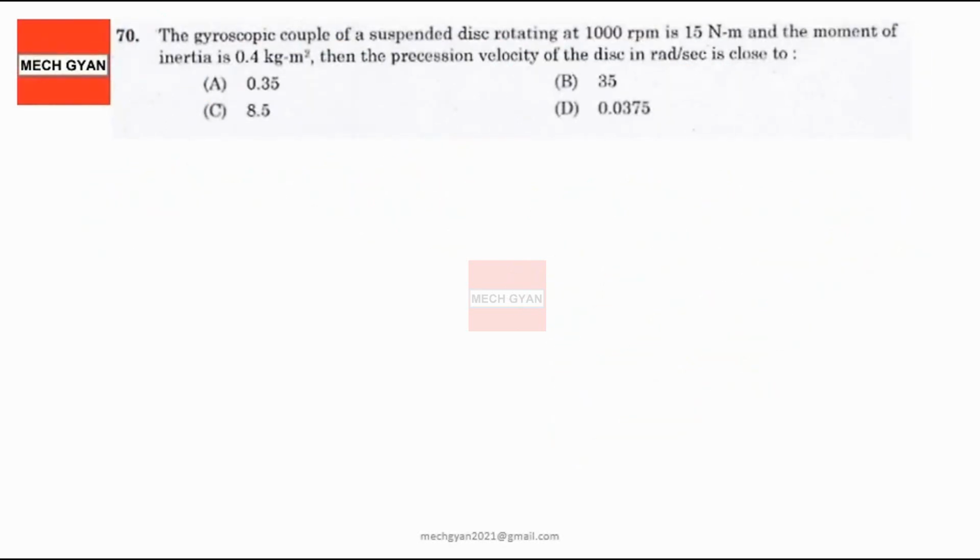Next question. The gyroscopic couple of a suspended disc rotating at 1015 RPM is 15 Newton meter and the moment of inertia is 0.4 kilogram meter square. Then the precession velocity of the disc in radians per second is. So basically it's a question from vibration. We know that the formula for gyroscopic couple is C equals I omega omega P. Here C is given to be 15 Newton meter.